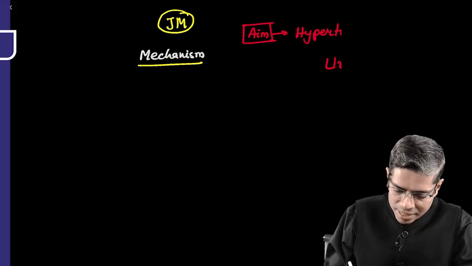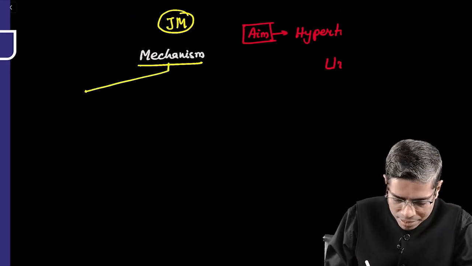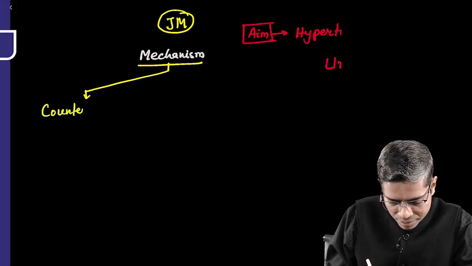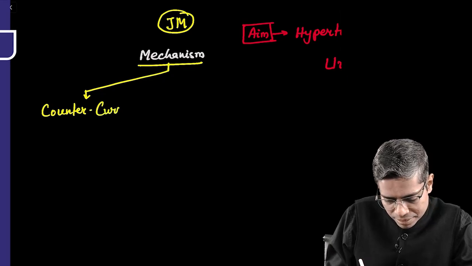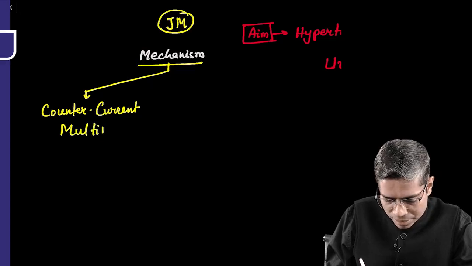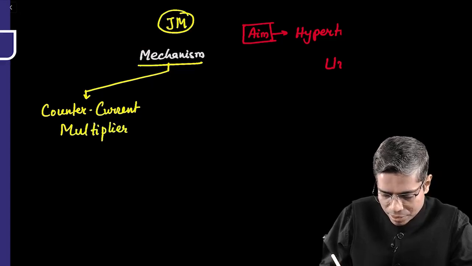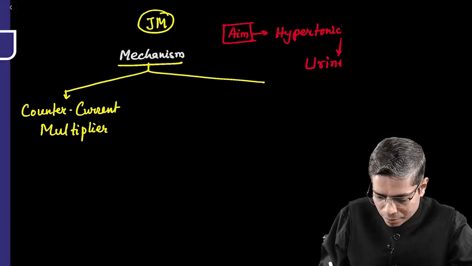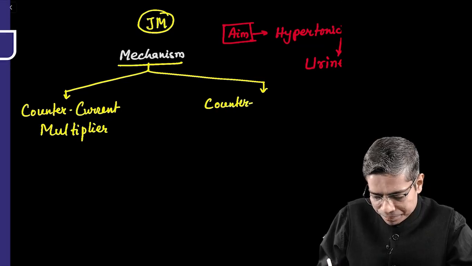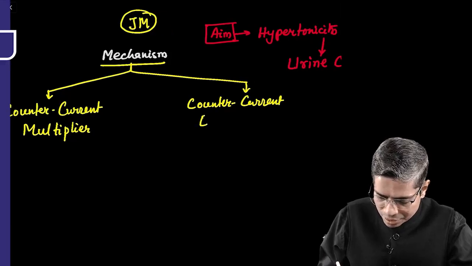So this mechanism has two parts. One is the countercurrent multiplier. Okay, I'll tell you what it means. And the second one is the countercurrent exchanger.